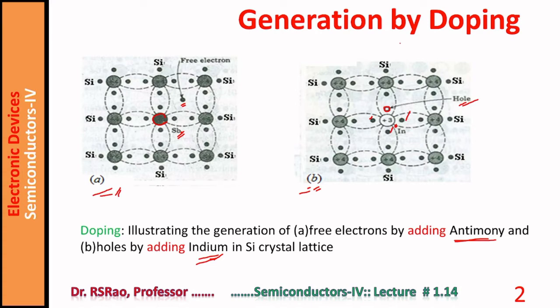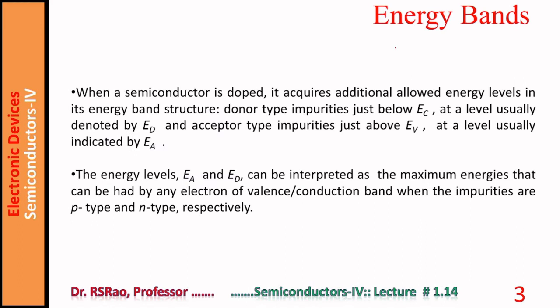Therefore, one can conclude that by the process of doping, one can increase the conductivity of a semiconductor material. Now, addition of impurities results in some changes in the energy bands of the semiconductor material.